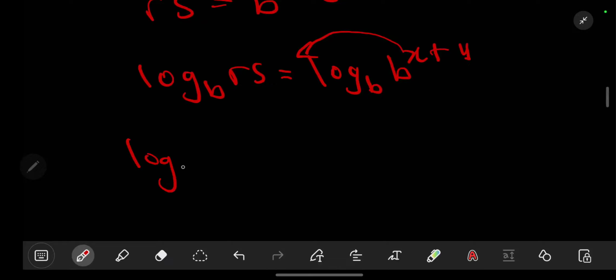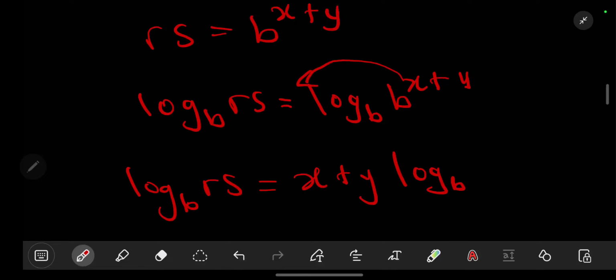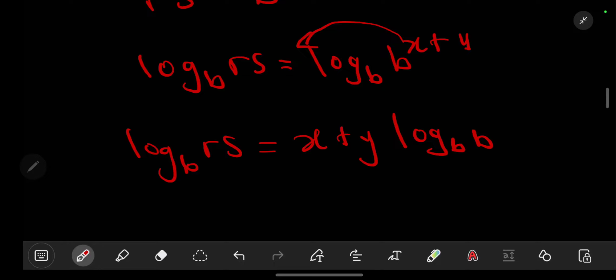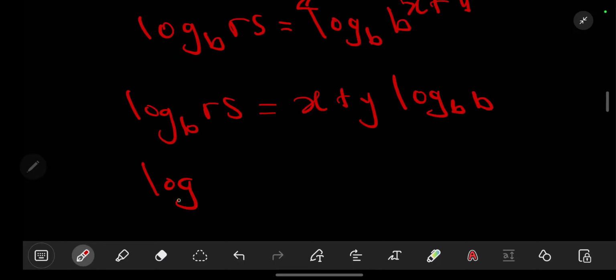So we are going to have log of b, rs should be equal to x plus y, like that, then log of b base b. Remember, if you have the log of any, let's say 5 base 5, this is equal to 1. As long as the base and that number is the same, then it is equal to 1. So we are going to have x plus y times 1, which won't change anything. So this is what we have.